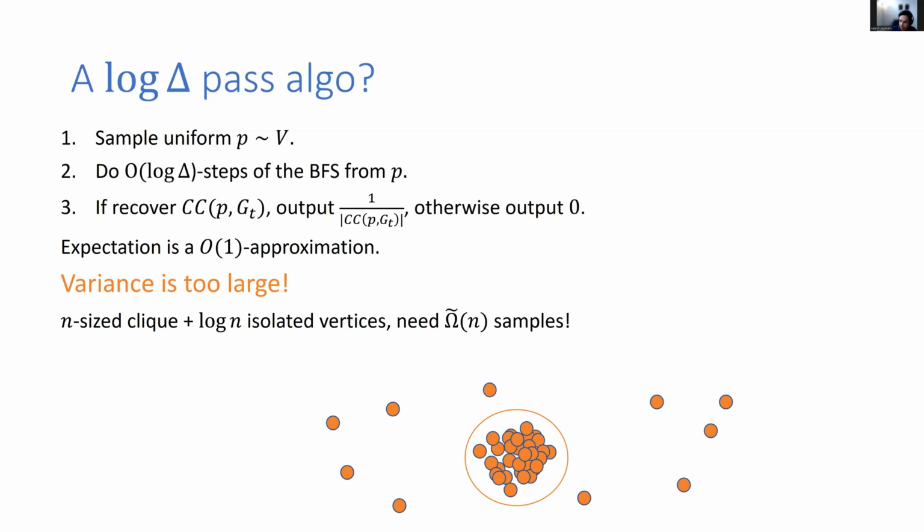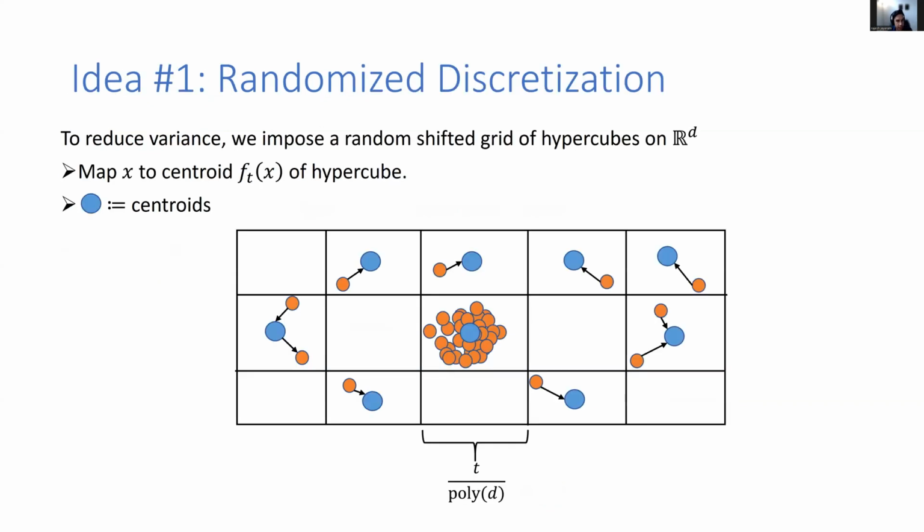So the way we do that is by an idea that's not particularly new, but we use it in somewhat of a novel way. So we apply a simple quadtree discretization, a random hypercube discretization over the d-dimensional space. So we impose a randomly shifted grid of hypercubes where the side length of each hypercube is t, that's the current threshold that we're working with for the graph G_t, divided by some large polynomial in d.